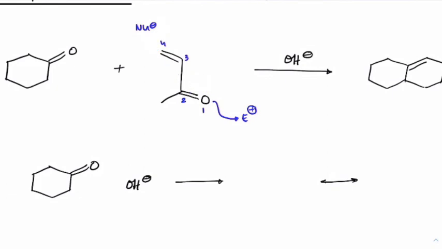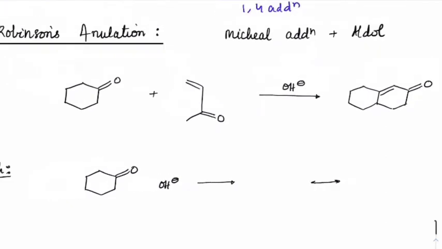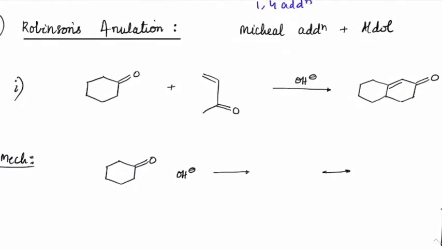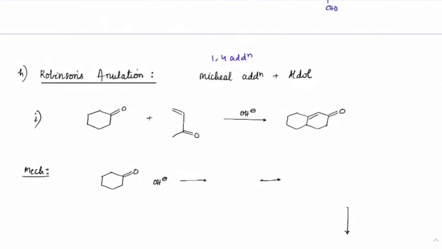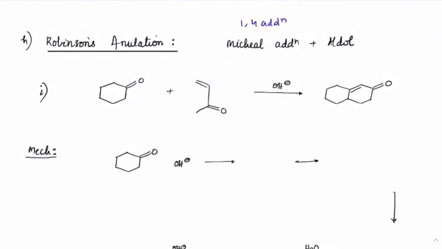So when the alpha beta unsaturation or conjugate double bond is present, then 1,4 addition is more feasible. So you can see here, now we have a double bond at this alpha beta position. So the carbanion from here will attack, this pi bond will shift, this pi bond will shift, and that will form O minus there. Got it?